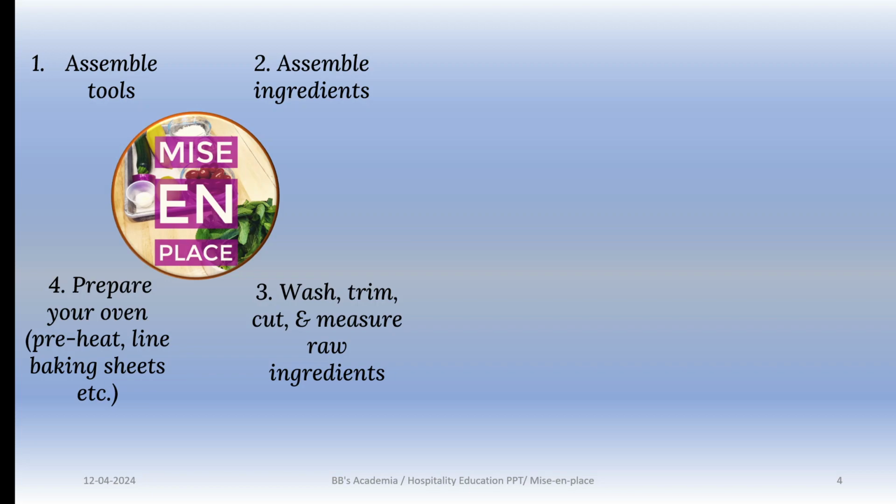The oven has to be preheated before any kind of baking, with the baking tray lined with baking sheets, and many other tasks to be done beforehand. So once you complete these 1, 2, 3, 4, that means you are almost through with your mise-en-place.